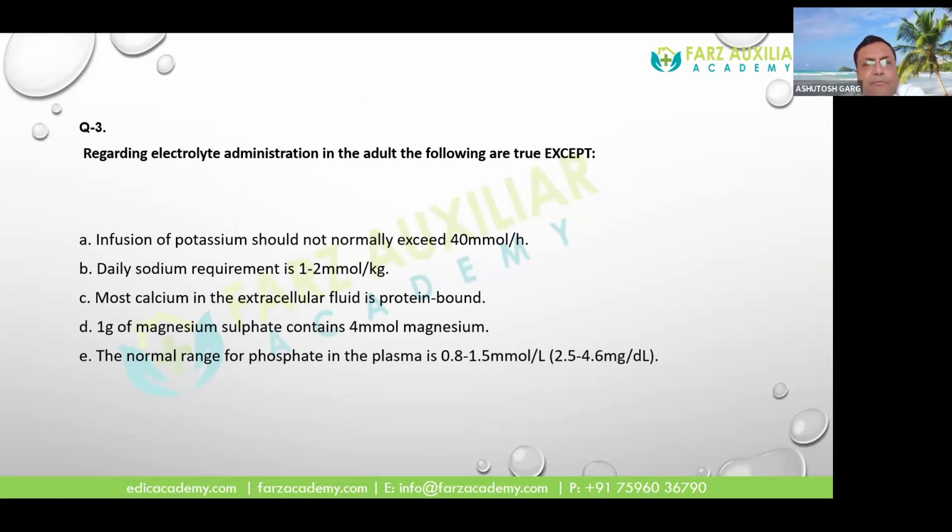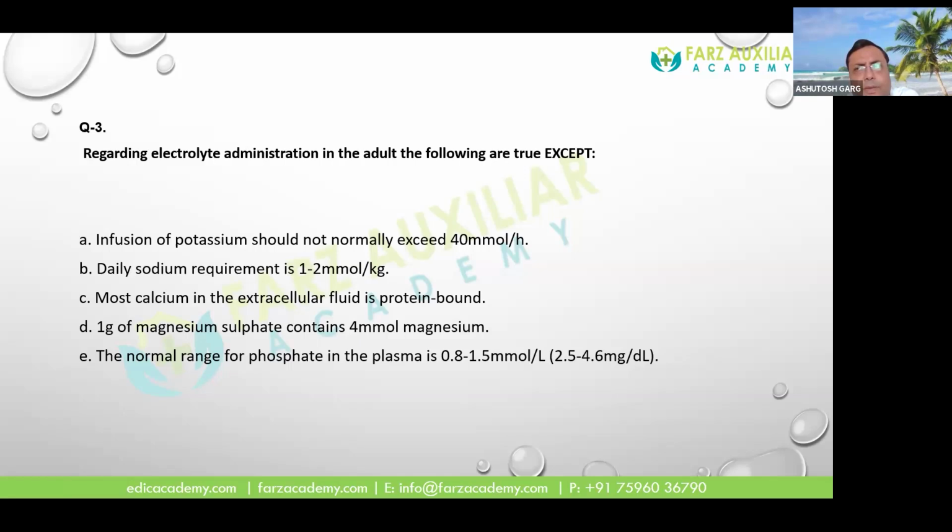Basically, 1 gram of magnesium sulfate contains 4 because the formula is MPC. When you convert the SI unit to the regular unit, like millimole to milligram per deciliter, you should multiply magnesium by 4, phosphate by 2.5, and calcium by 2.